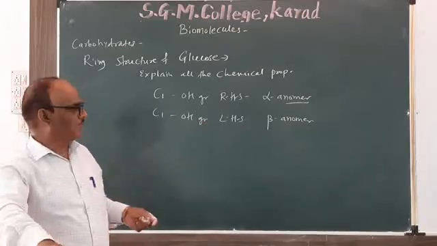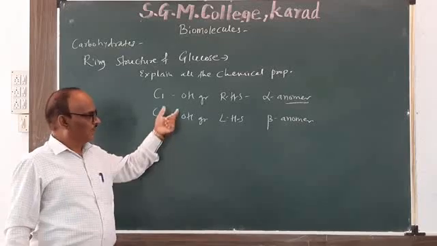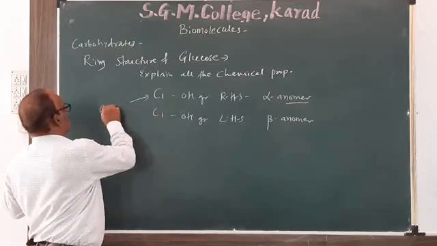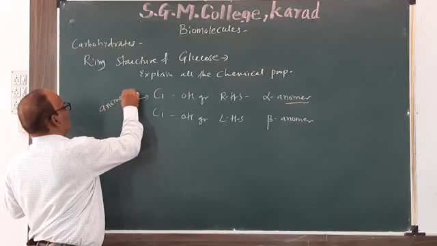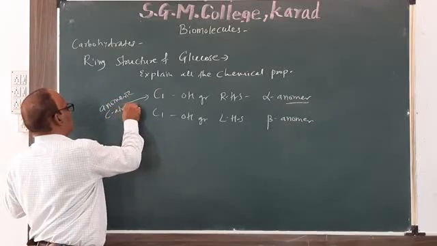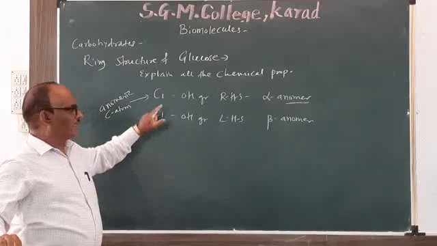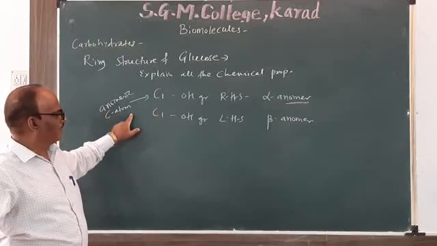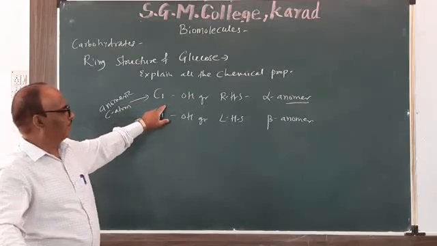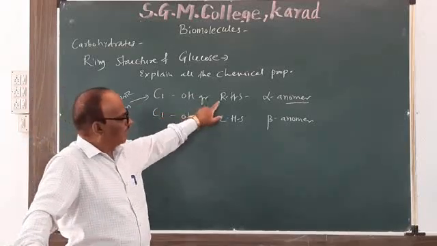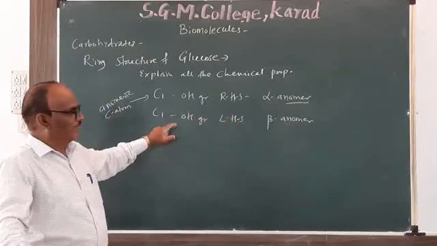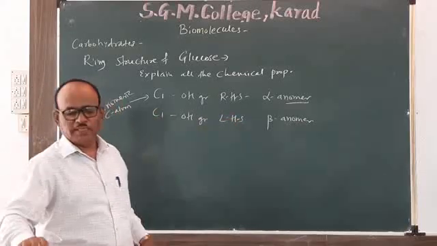So there are two ring structures of glucose, and these are called anomers. The C1 carbon atom is called the anomeric carbon atom. The first carbon atom in the ring structure is the anomeric carbon. Around it, OH on RHS is an alpha anomer, and OH on LHS is a beta anomer.